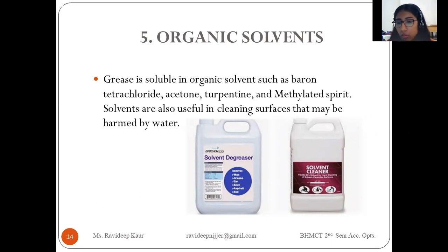These are the organic solvents. Solvents are also useful in cleaning surfaces that may be harmed by water. Sometimes you have seen areas damaged or destroyed because of water. On those areas as well, these organic solvents are used to clean the surface.